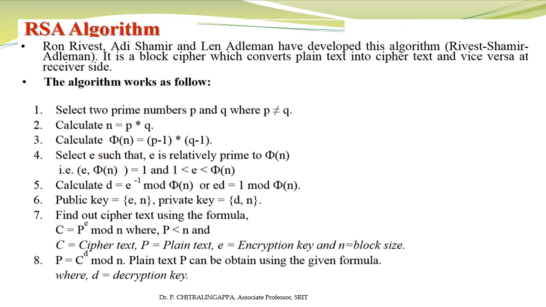And coming to the best and suitable algorithm for asymmetric key, which is the public key algorithm, we can call it the RSA algorithm. Ron Rivest, Adi Shamir and Len Adleman developed this algorithm. That's why it is called RSA.